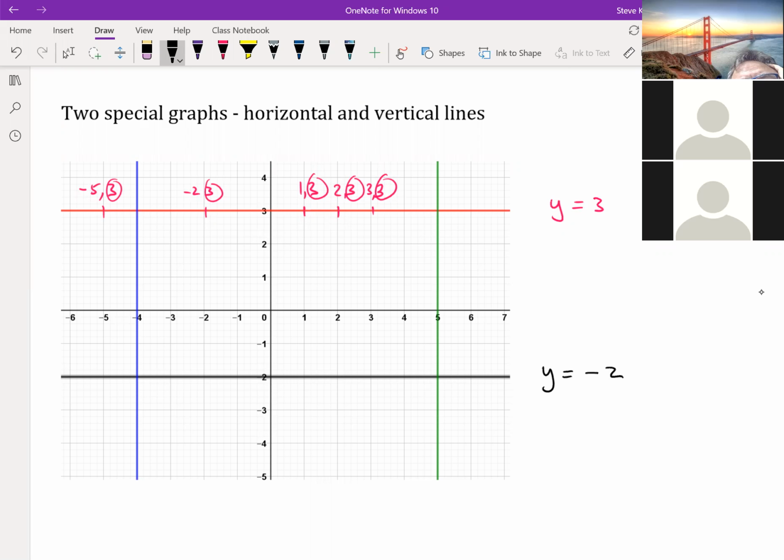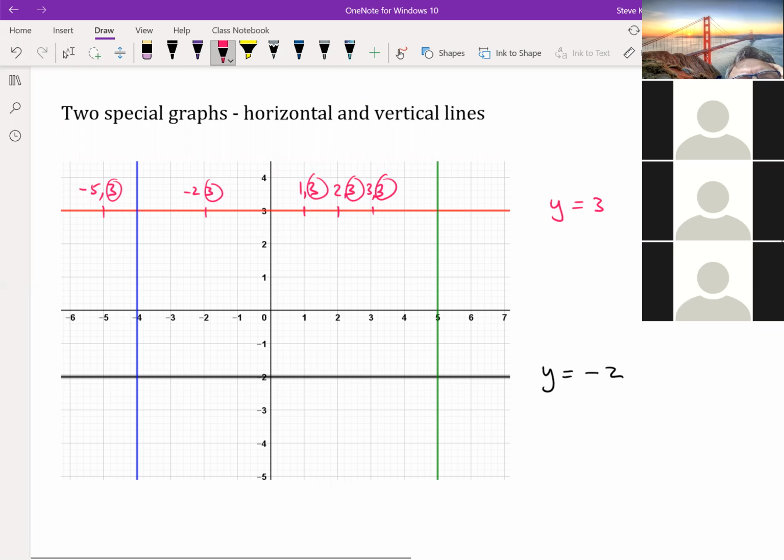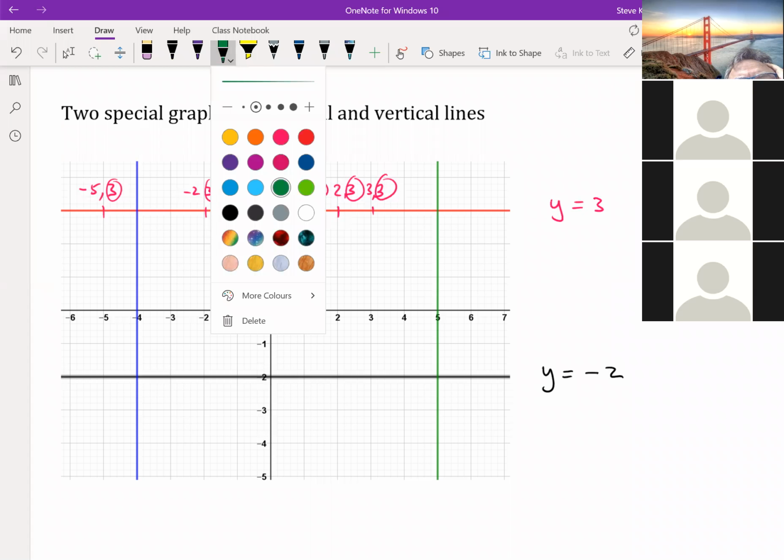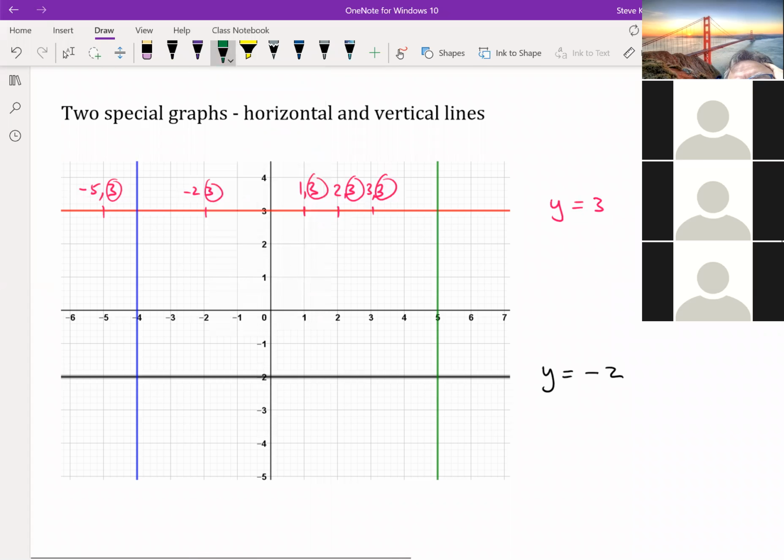For the vertical lines, we're going to follow the same sort of logic in the sense that anything on this green line, and can I get a green colored pen? Yes, I can. Anything on this green line basically has an x coordinate that's 5 and a y coordinate that's changing.